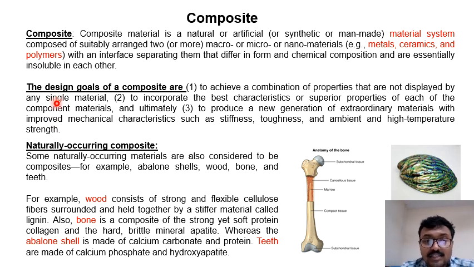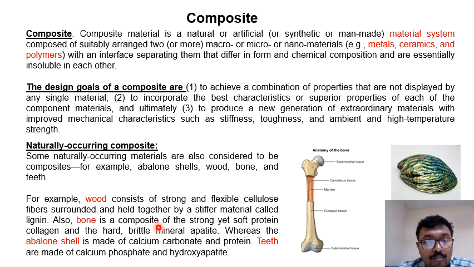In nature, there are some composite materials. Some naturally occurring materials are also considered to be composite, for example abalone shell, wood, bone, and teeth. Wood consists of strong and flexible cellulose fiber surrounded and held together by a stiffer material called lignin.